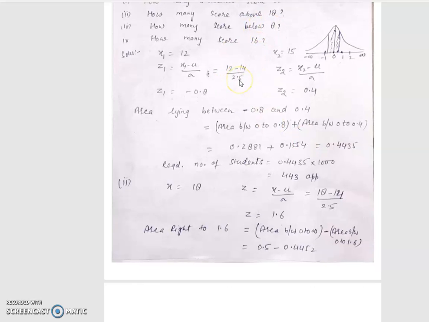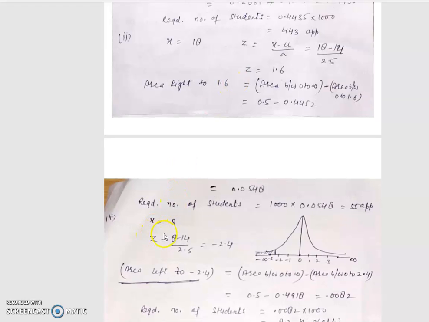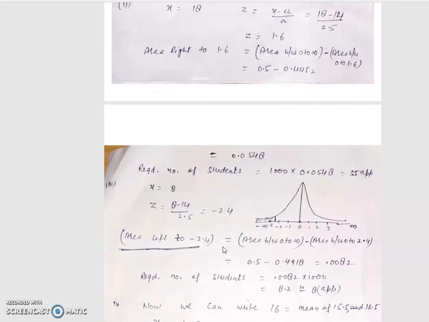And the third point, below 8. x equals 8, find z. z is minus 2.4. We need the area to the left of minus 2.4.